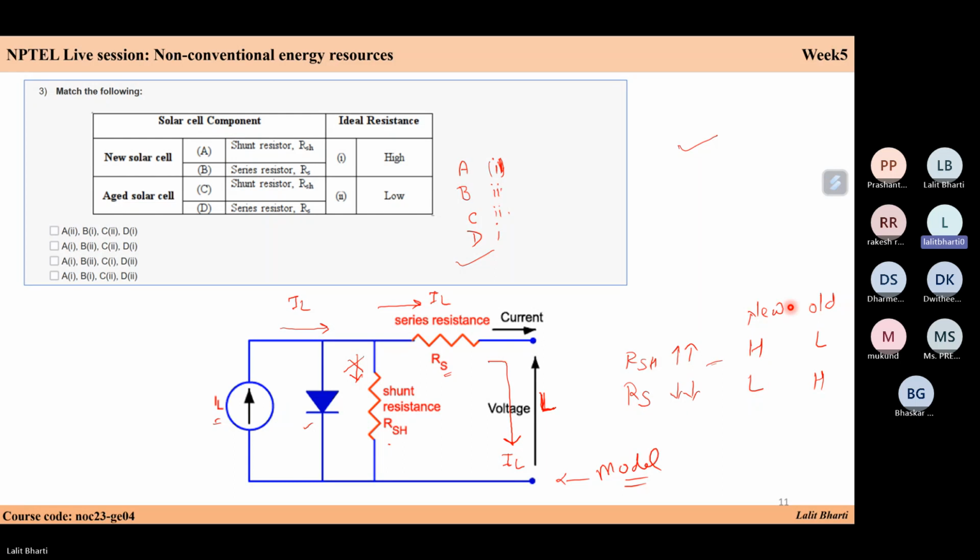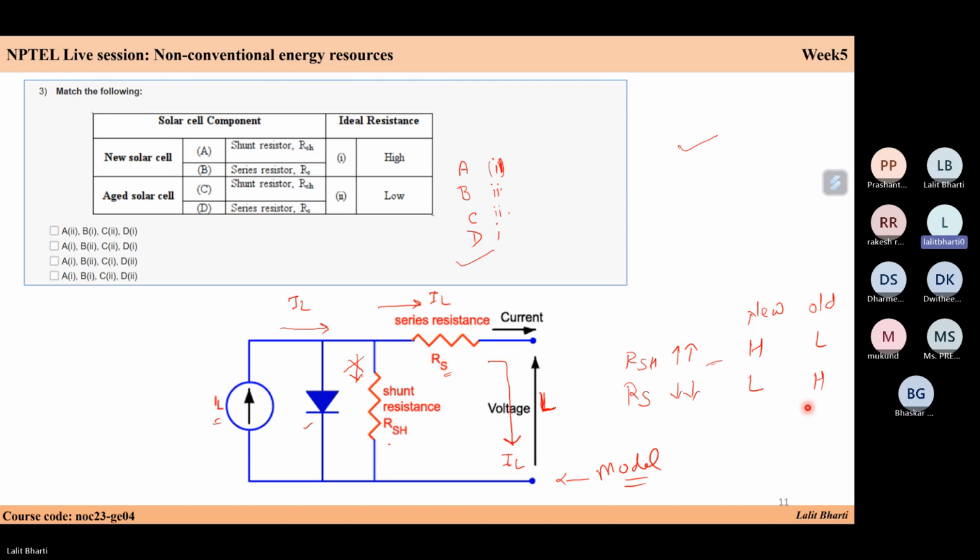But as your solar cell ages, your solar cell efficiency goes down with time, your shunt resistance gets lower and your series resistance gets higher. It means your resistive elements are increasing and your shunt resistance is decreasing, and your efficiency is being lost by the decreasing shunt resistance.